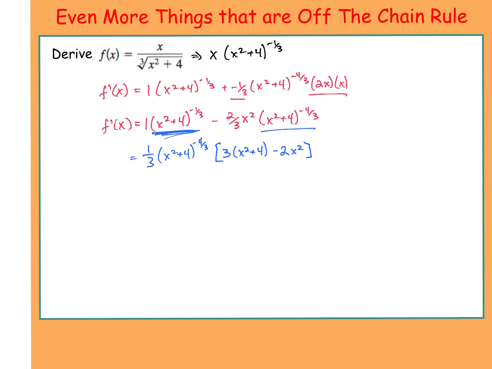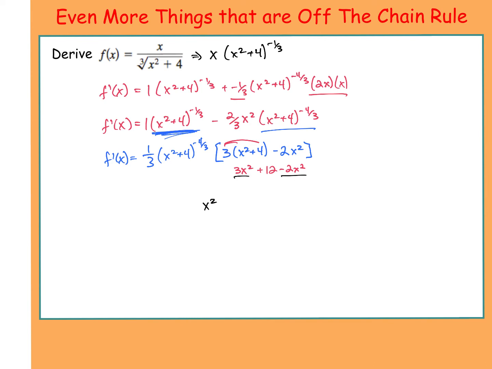All right, pretty good there? Yes. All right. And now we're going to distribute. So I'm going to distribute my 3. And so what am I left with? 3x squared and then plus 12 minus 2x squared. So in my numerator, what's left? 3x squared and negative 2x squared become what?